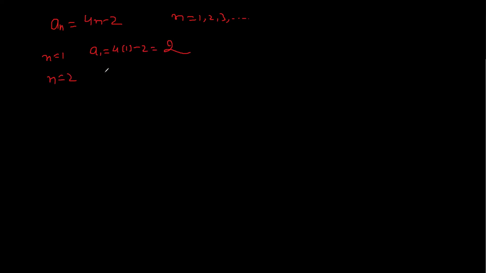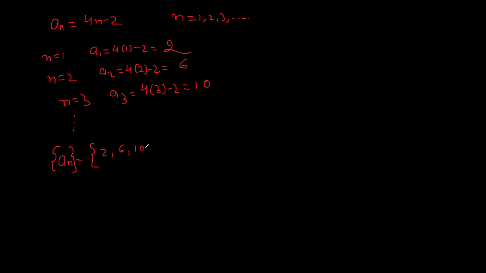Put n is equal to 2. So here you are getting what, a sequence. Right? So in general, you can write what? A sequence is always represented in curly brackets. So 2, 6, 10, and so on.